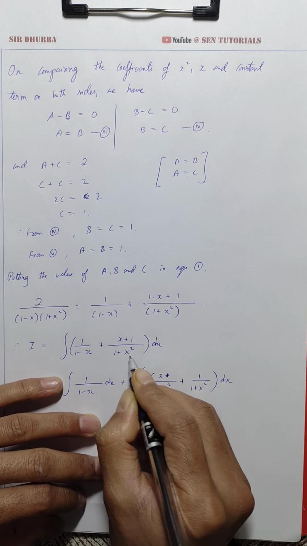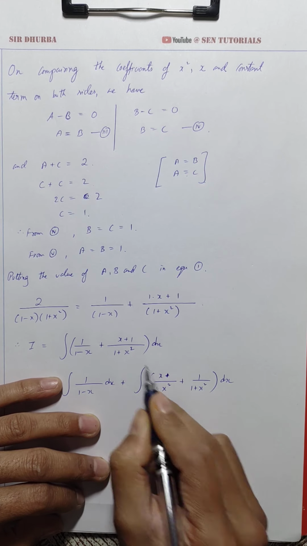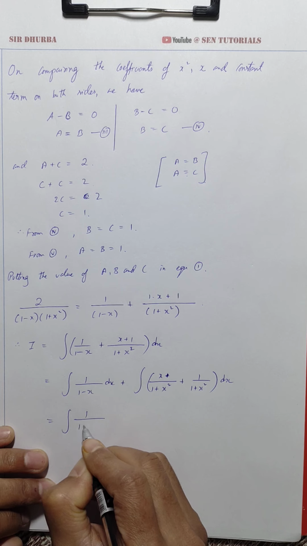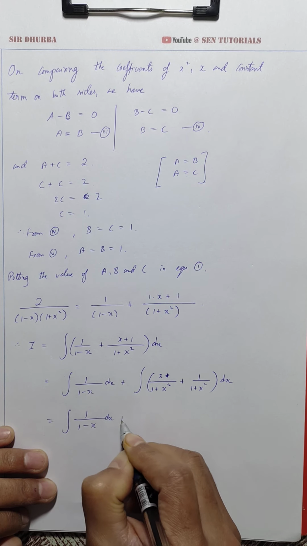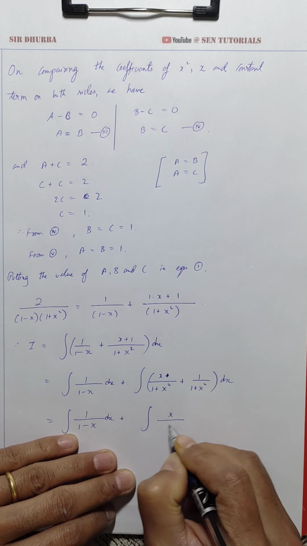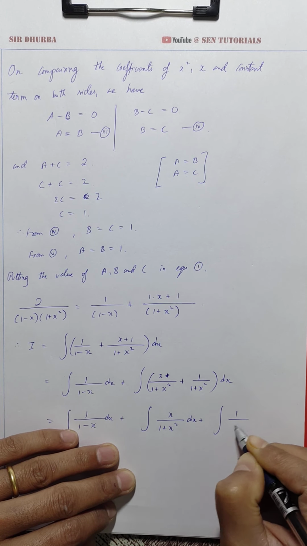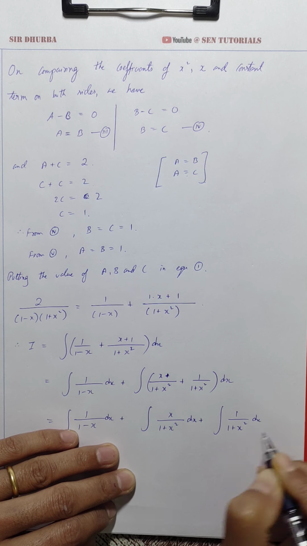Further simplifying, the integral of 1 by 1 minus x with respect to x plus the integral of x by 1 plus x square with respect to x plus the integral of 1 by 1 plus x square with respect to x.